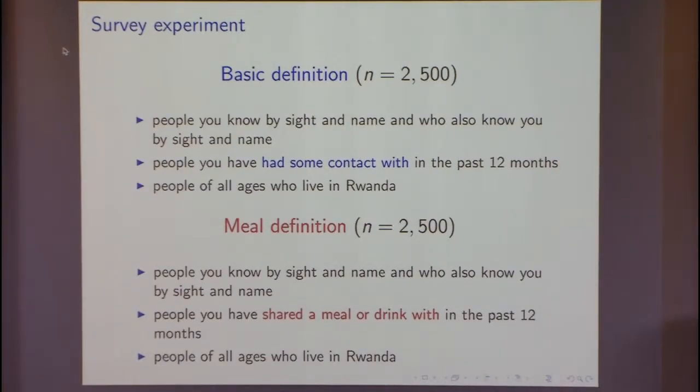Before I say what happens, I want to say that we really did not know what was going to happen exactly. No one had done a study like this in sub-Saharan Africa using the scale-up method. And also, if you think about it for a second, these questions are actually quite difficult to answer. So I'm going to just ask you all, how many women have you shared a meal or a drink with in the past 12 months that have given birth in the past 12 months?